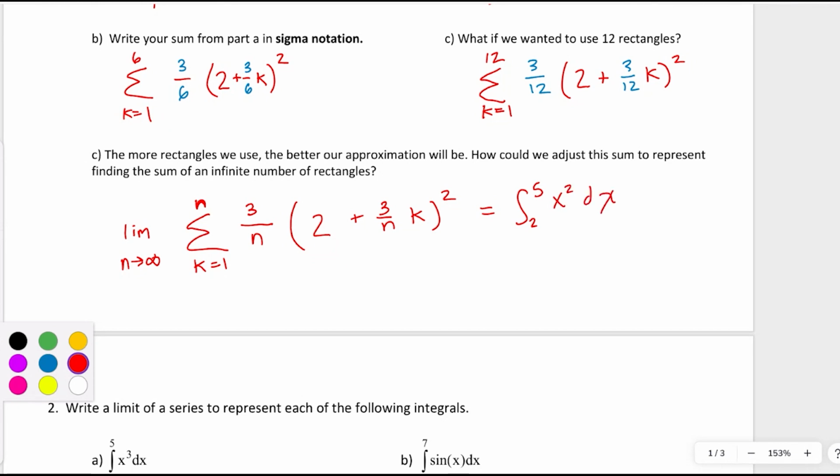So let's break it down one last time, where all these things are coming from, because these are all the pieces to the puzzle. This right here is the total width. We're getting that from 5 minus 2, the upper bound minus the lower bound.